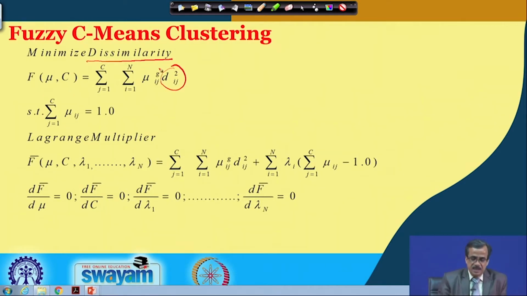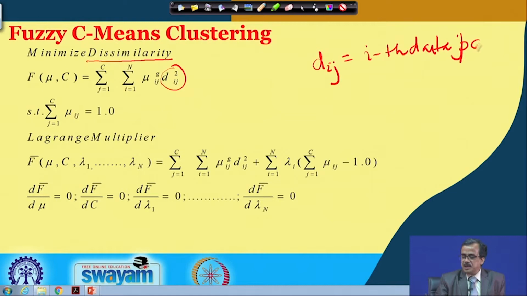Now, what is dij? dij is nothing but the Euclidean distance between the ith data point and the jth cluster. So, this is the Euclidean distance.